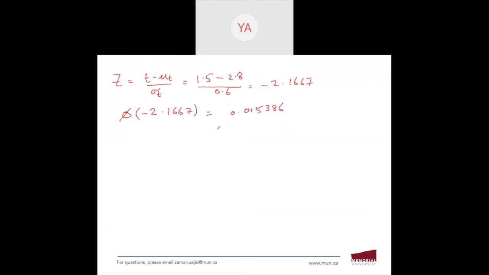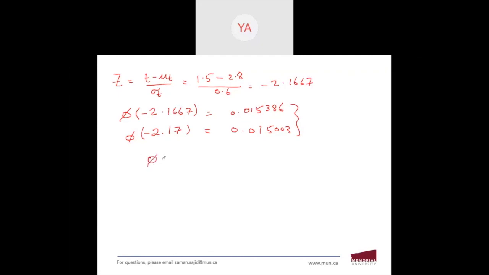Just to be very precautious, I rounded off this number, and I also find out my value at minus 2.17. This value was 0.015003. You can just take the average of these two numbers and find out your answer.